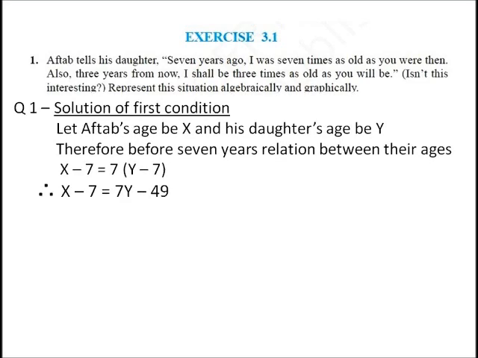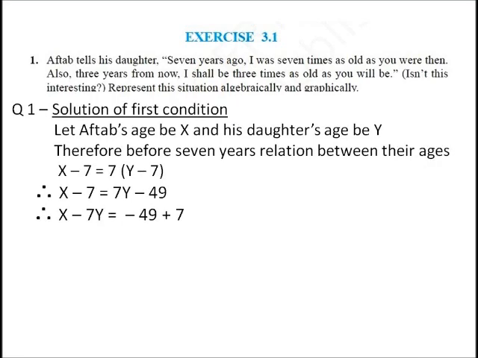Therefore, x minus 7 is equal to 7y minus 49. Therefore, x minus 7y is equal to minus 49 plus 7. So, I have taken 7y to the left side and 7 to the right hand side.